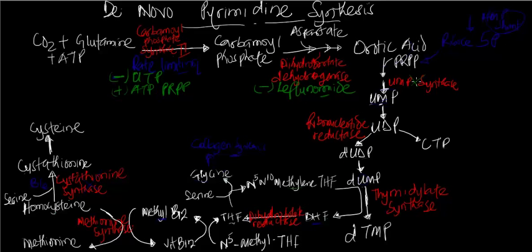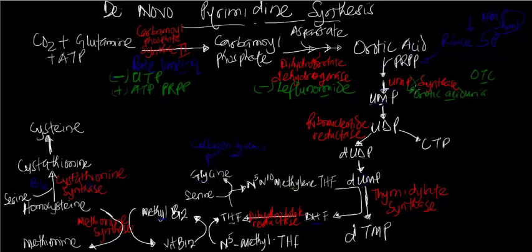If a patient has deficiency of UMP synthase, you'll not be able to convert orotic acid to UMP. If you can't convert orotic acid to UMP, then we have accumulation of orotic acid, and that's where the name of the disease comes from. The disease is called orotic aciduria.